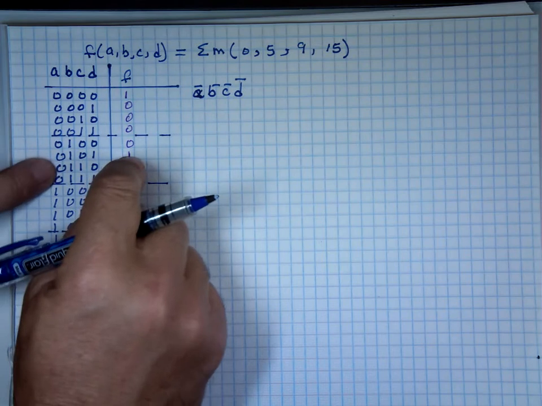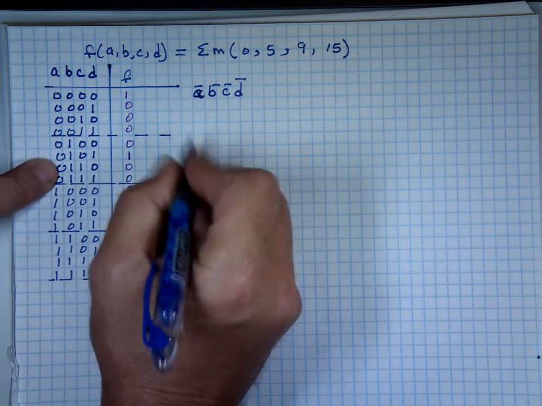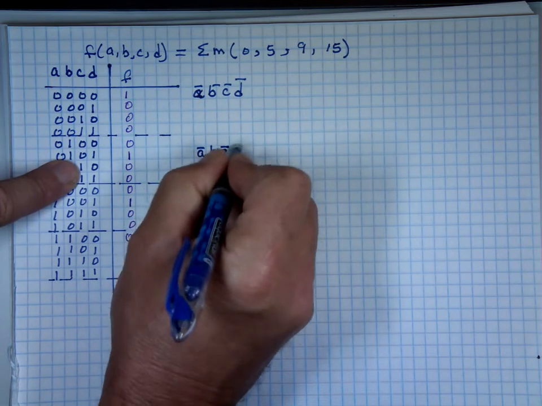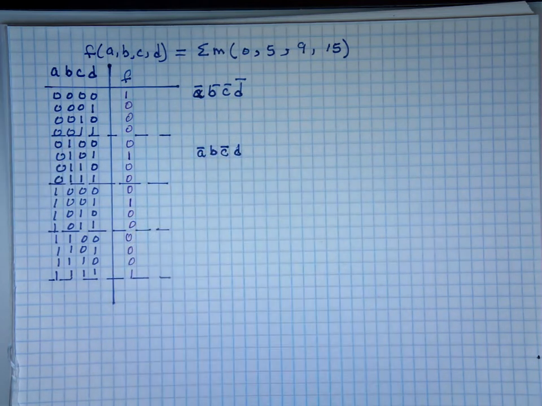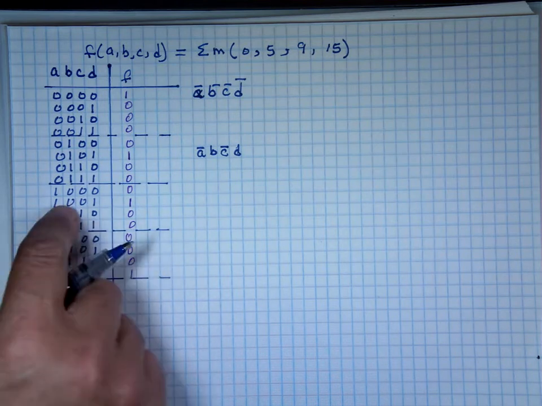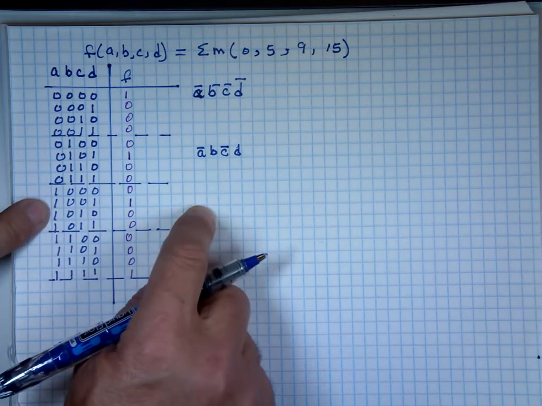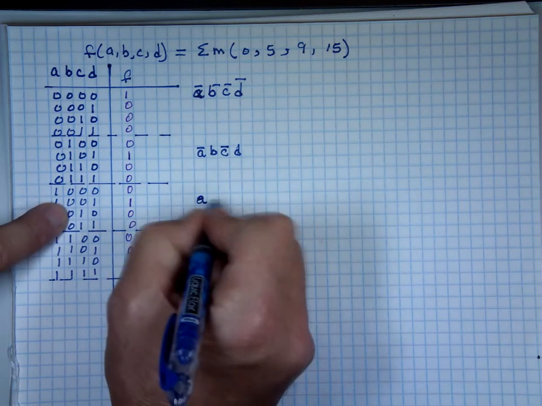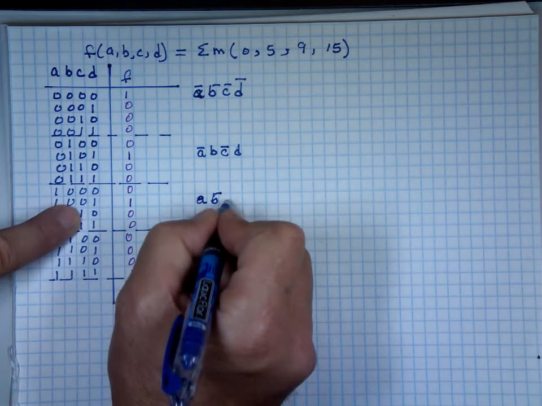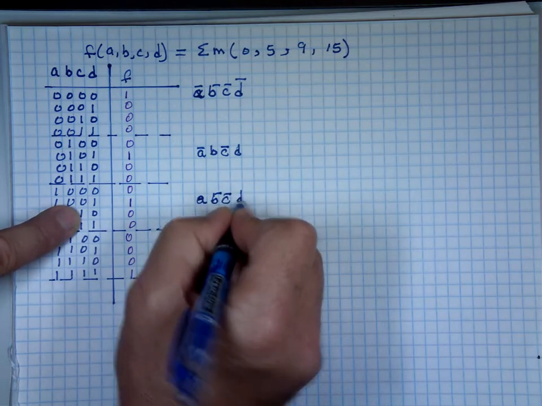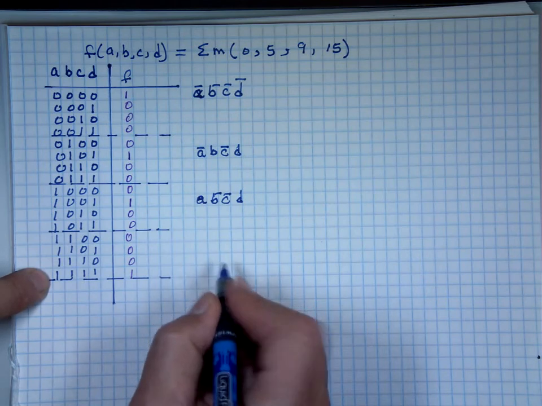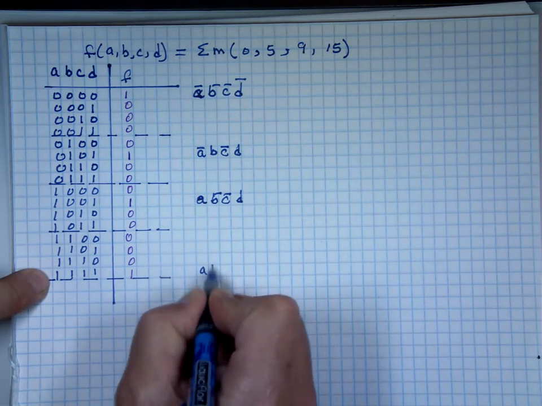This one, A bar, B, C bar, D. This one, A, B bar, C bar, D. And the last one is what? A, B, C, and D.